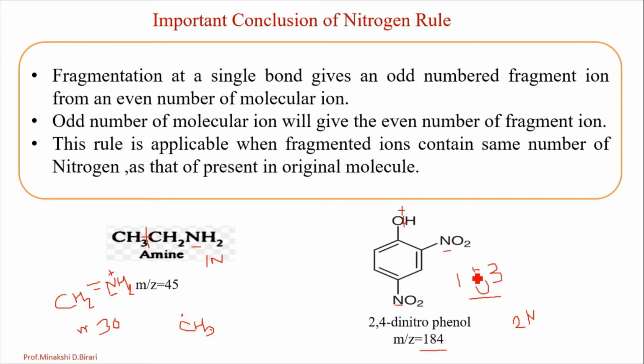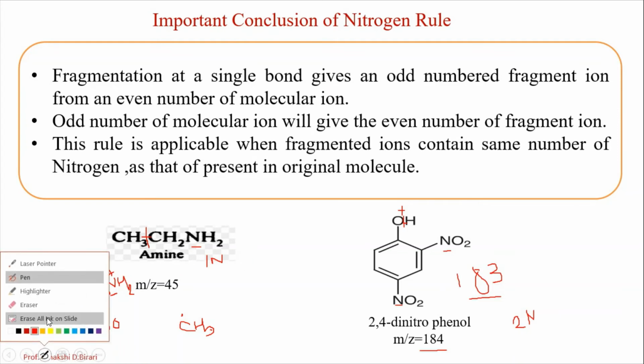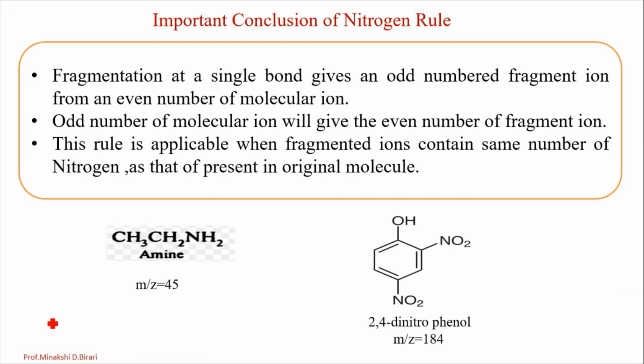In the other example, two nitrogens are present in the molecular ion and also two nitrogens in the fragment ion. So only when the number of nitrogens in the original molecule and in the fragment ion are the same is this rule applicable. So that is the important conclusion of the nitrogen rule. These are the two examples we have taken. Now let us see the next.